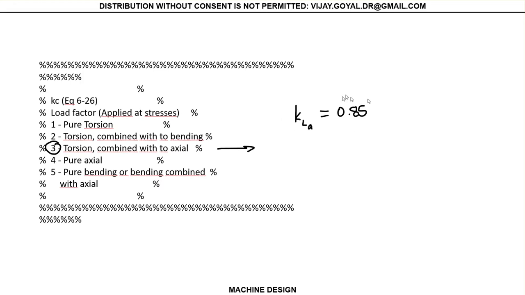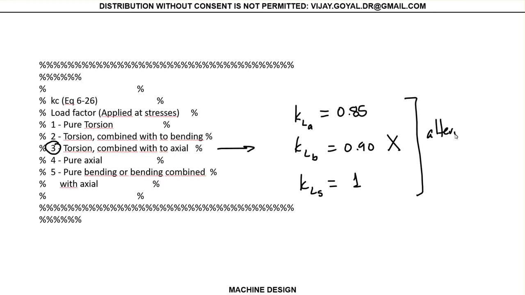This is always 0.85. And KL for bending is 0.9, but we don't have bending at all. So KL for S or torsion is actually equal to 1. So we do this. Remember, this is only applied to alternate loads, alternate stresses. We don't apply this to the mean stresses, okay, only to the alternate.